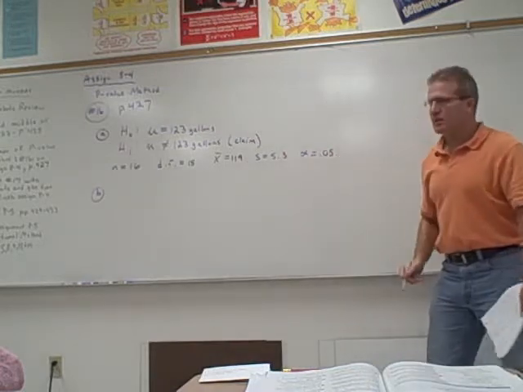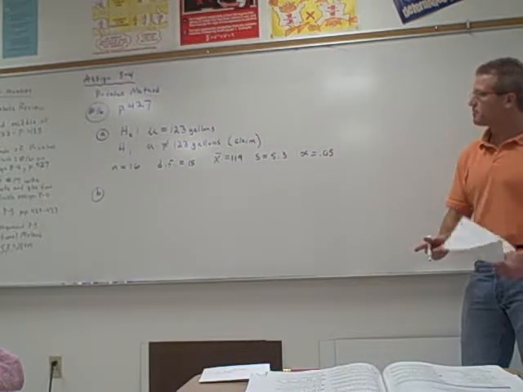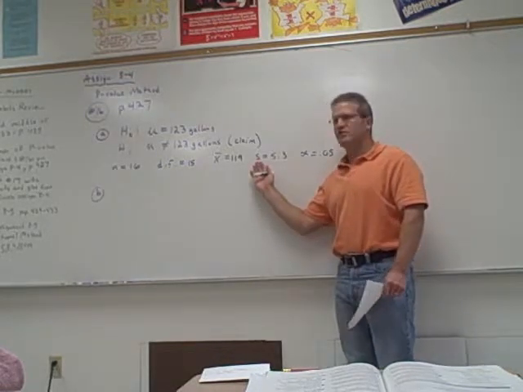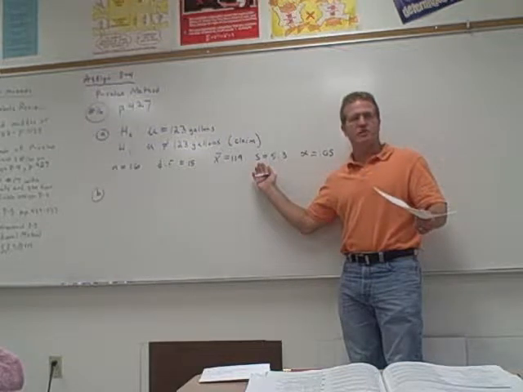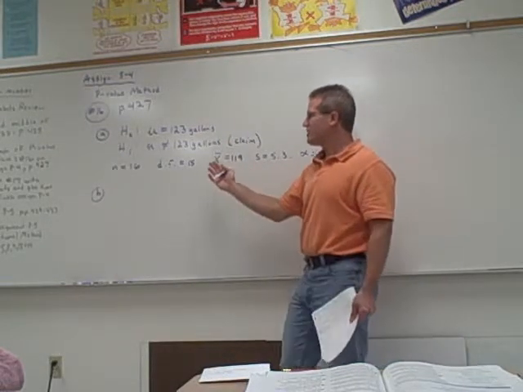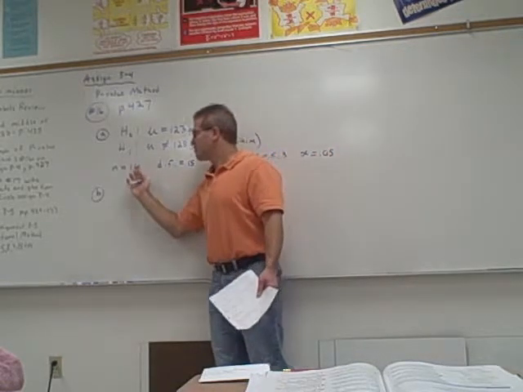Now, the test value could be a z or it could be a t when you're testing means. In this case, if we knew the population standard deviation, we'd automatically use our z formula, but we don't. We only know the sample standard deviation. If n is greater than or equal to 30, we'd use z, but it's not. It's less than 30. So we have to use t here.